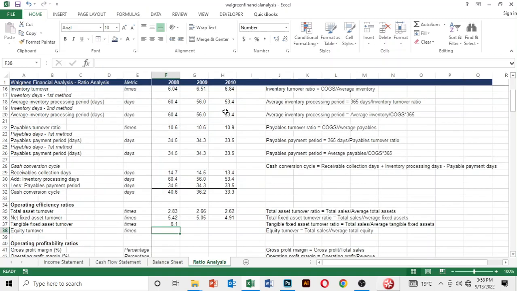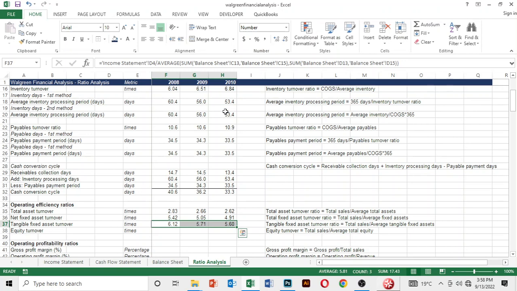Perfect. We just copy that to the right, and that's fine.